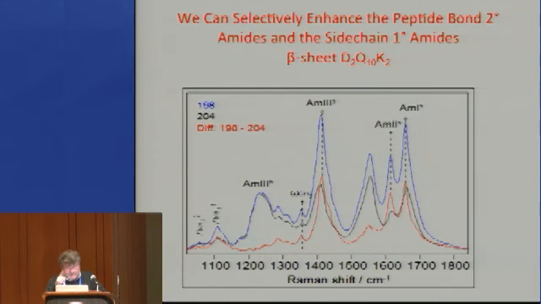So if you take spectra at 198 nanometers, your spectrum is enriched with the amides of the side chain, versus 204, where it's enriched in the amide of the backbone. And by doing the different spectra, you can pick out the different amide 1 vibrations, which are highly diagnostic of the hydrogen bonding.